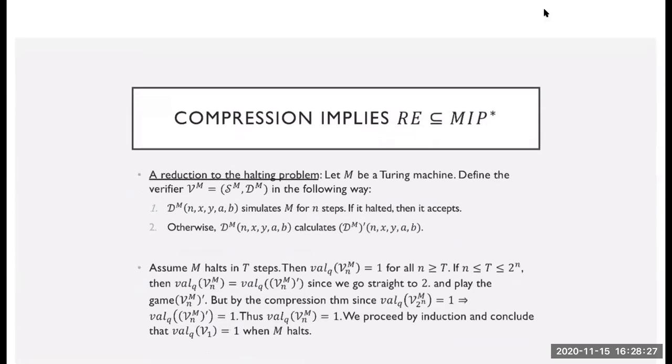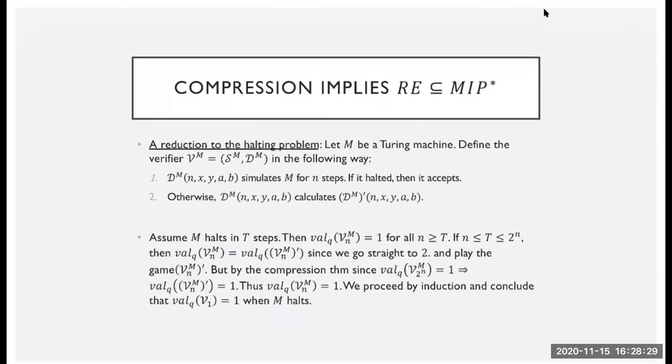So I don't want to explain why it works, and we will get to it, but at least you can believe that this kind of verifier can be described. And I want to show you that if this Turing machine halts, the value of all the games in the sequence is 1. Okay, so this is the easy part.